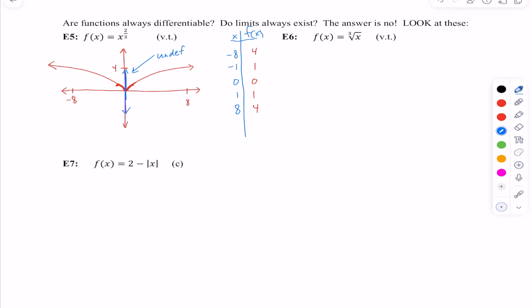In other words, it yields a picture of a vertical tangent line, and we will say that for this function, f of x is not differentiable at a very specific x value. f of x is not differentiable at x equals 0.